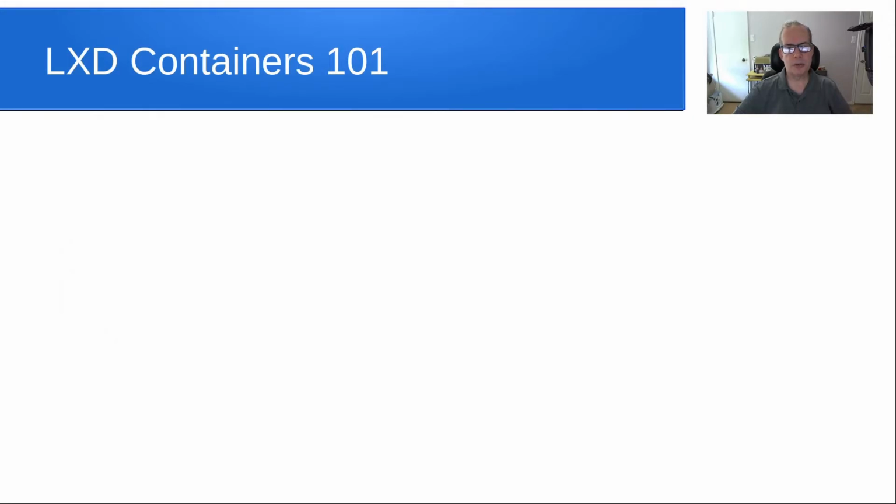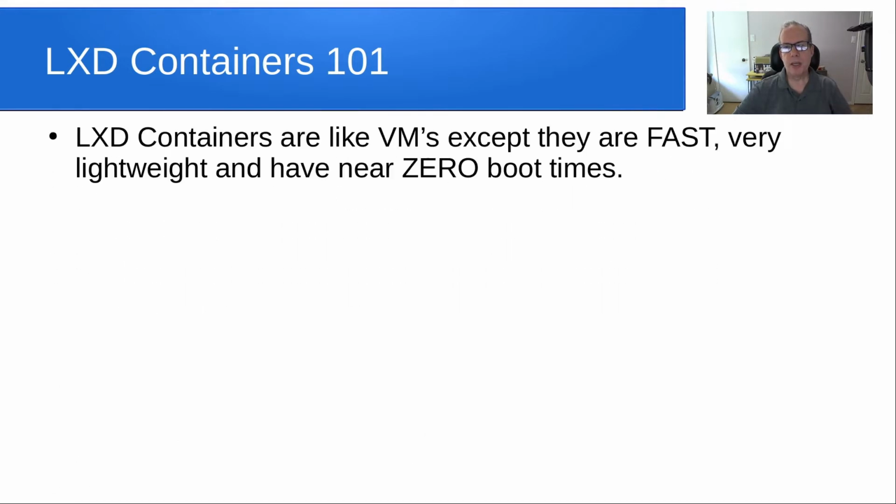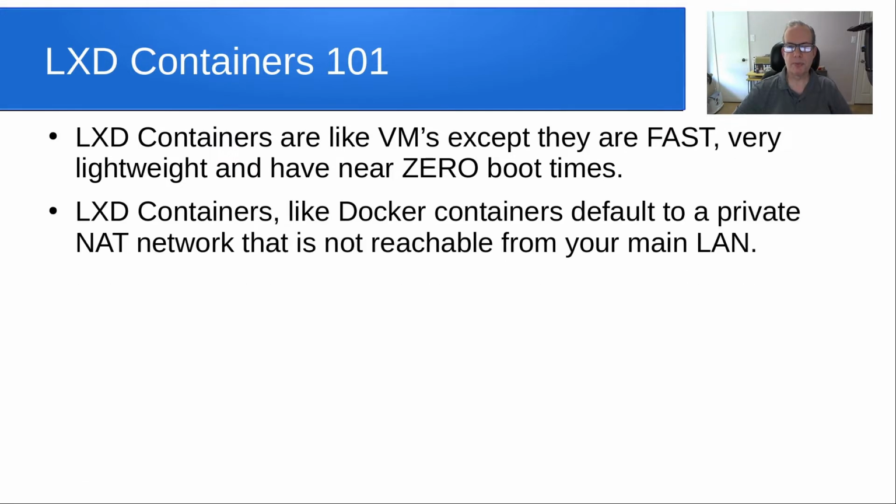LXD Containers 101. So LXD containers are like virtual machines, except they're fast, very lightweight, and have near zero boot times. LXD containers, like Docker containers, default to a private NAT network that is not reachable from your main LAN.